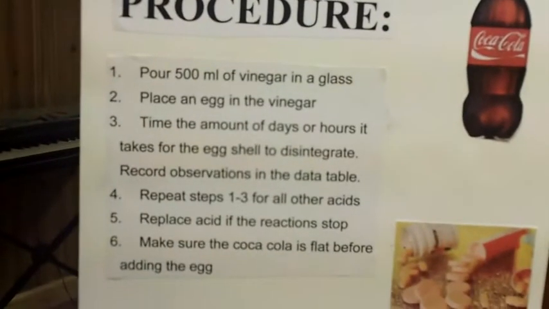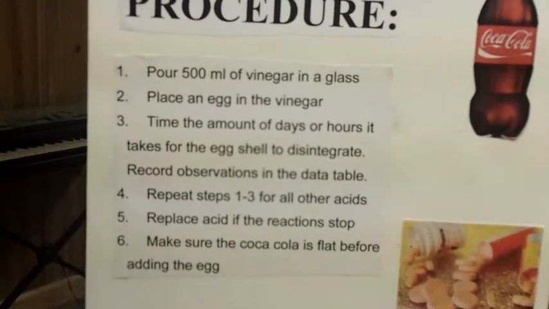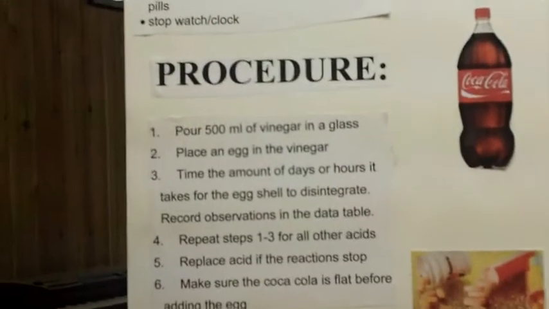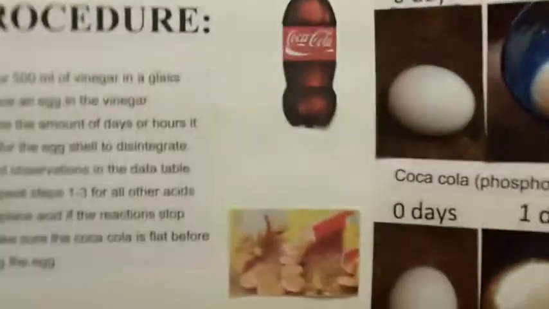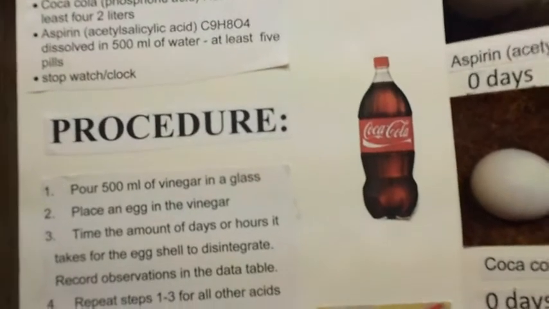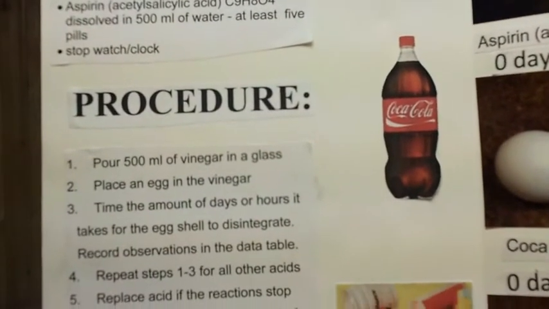Our procedure involved pouring 500 milliliters of each substance in each glass, and then you place the egg inside. For each different acid, we had to use different times for some of them. But each time all you do is put the acid in, drop the egg in, and then start the timer or watch your clock.